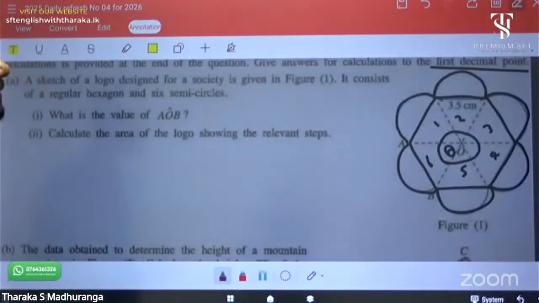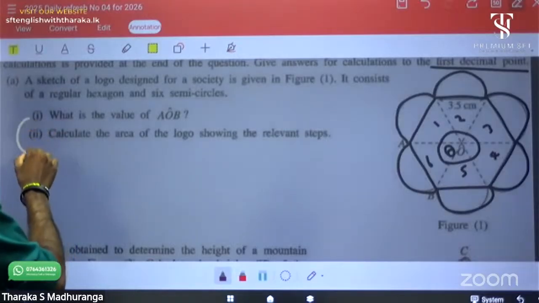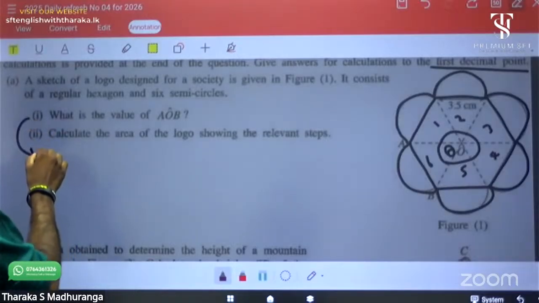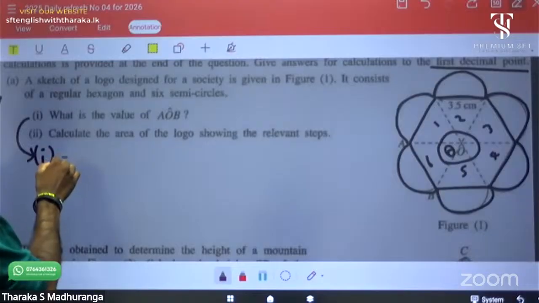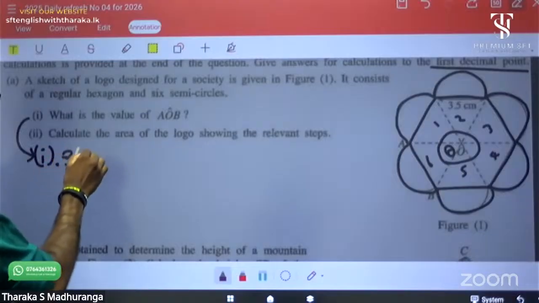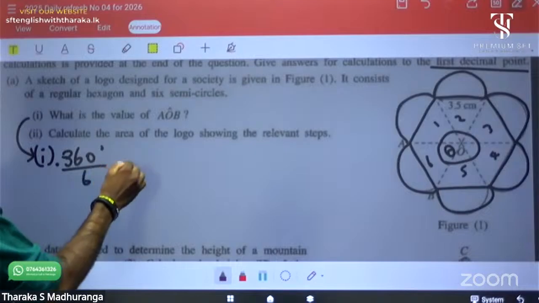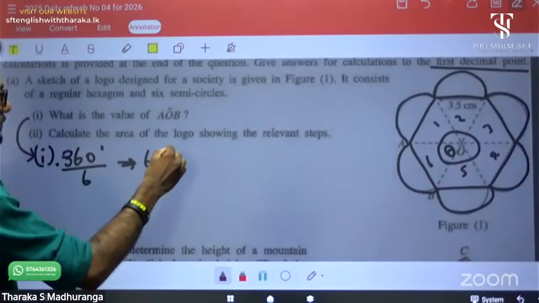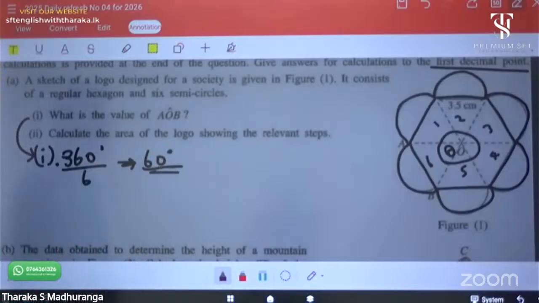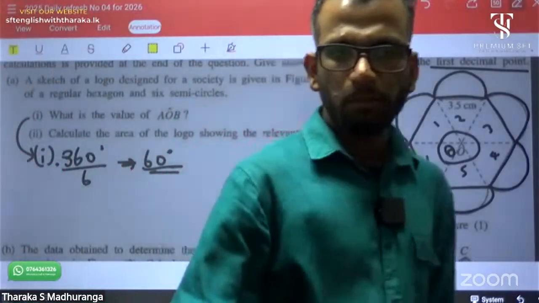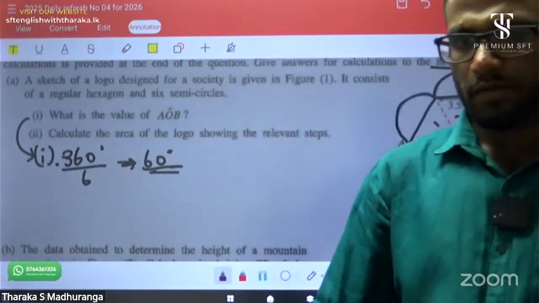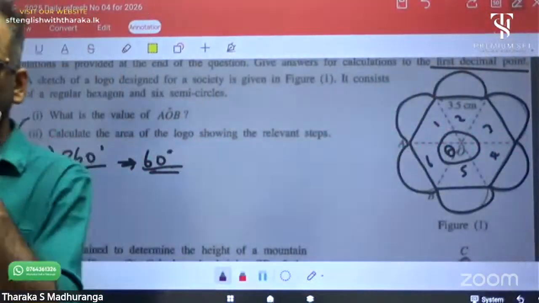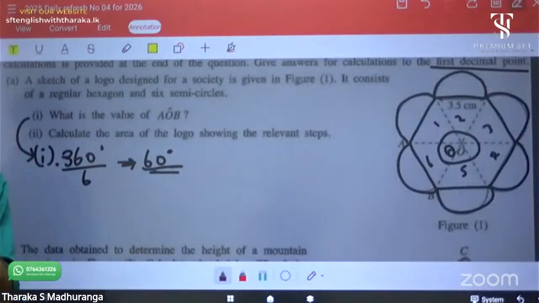So 360 degrees divided by 6 parts, one part angle is 60. Who got this one correct? It's very simple. Good. Fatima? Amina? Very good.